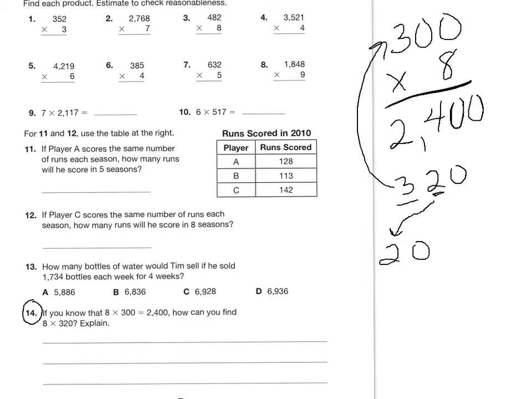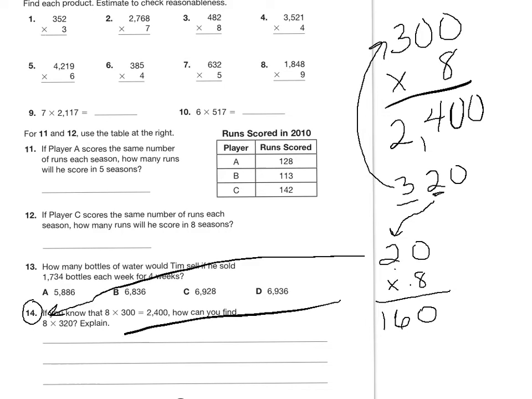And I'm going to multiply it by the same number here, 8. If I take 2 times 8, it's going to be 16 with a 0. And then there's nothing over here in the ones place. It's 0, so I don't need to worry about multiplying anything there.